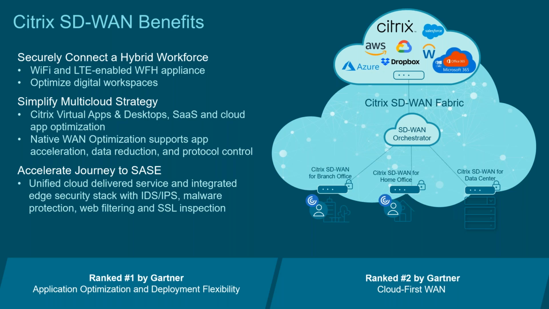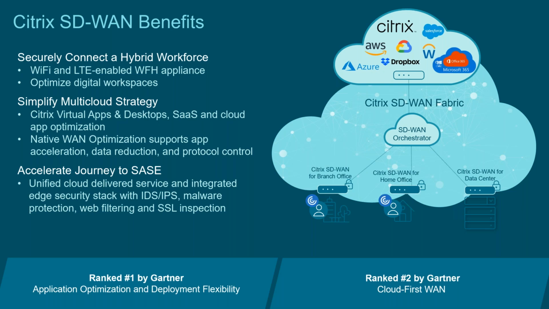So essentially, SD-WAN as of today supports both forms of security. You can have a next-generation firewall embedded into the appliance, or you can also make use of a Citrix hosted Citrix cloud service for security. Very similar to Zscaler.